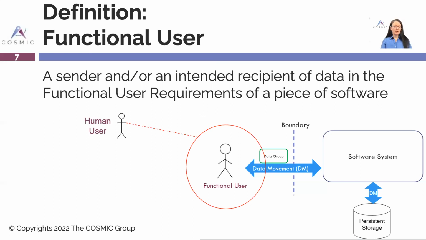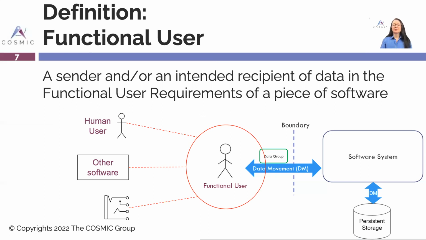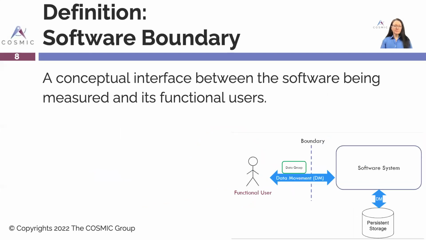The first we can think of is the human user, and there is also other software that we exchange data to and from, and it can also be engineered devices such as sensors and the internal clock of an FPGA, etc. So the boundary is the conceptual interface between the software being measured and its functional users.